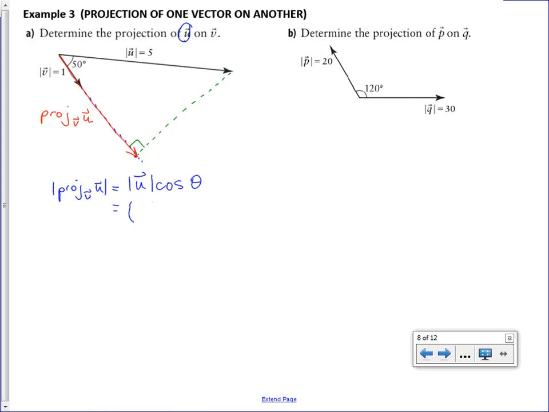Do you have the number? Do you know the length of vector U? The length of vector U is 5. Cosine 50 degrees. Okay, I'm going to get a number here. 5 cosine 50 is, going to 2 decimal places, 3.21.